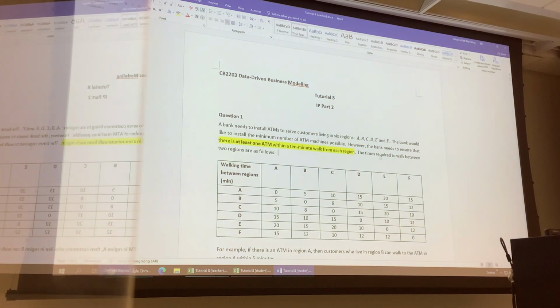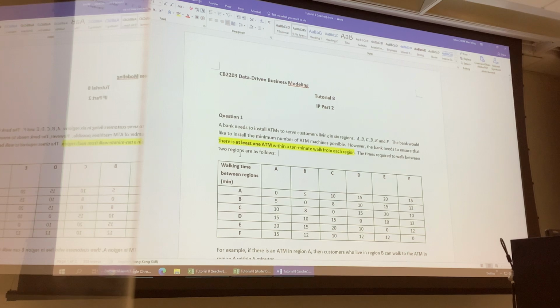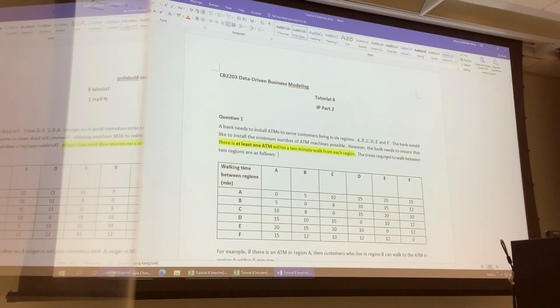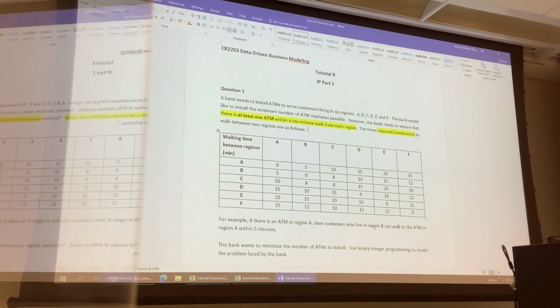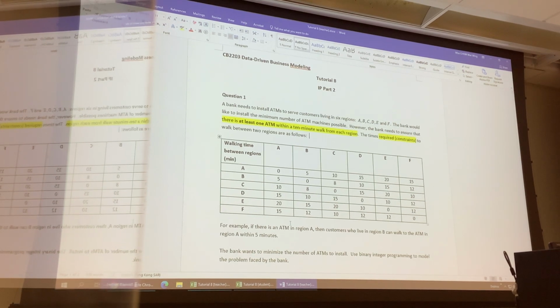The times required to walk between 2 regions are as follows. If you see the table below, you can identify that that is the constraint. So for this table, it is important for you to understand the table.